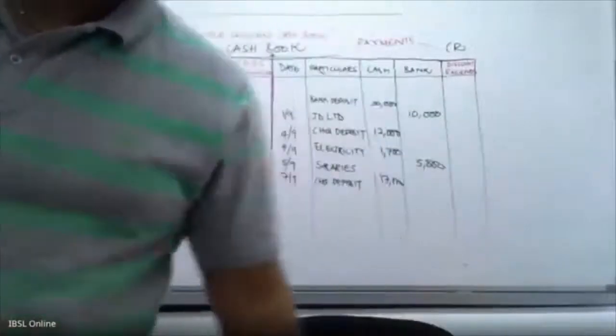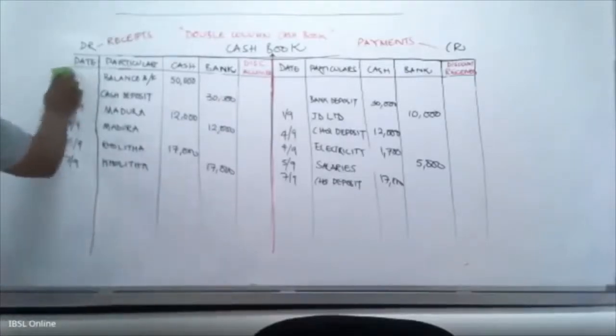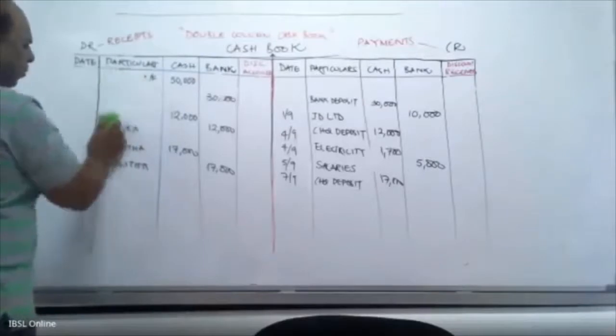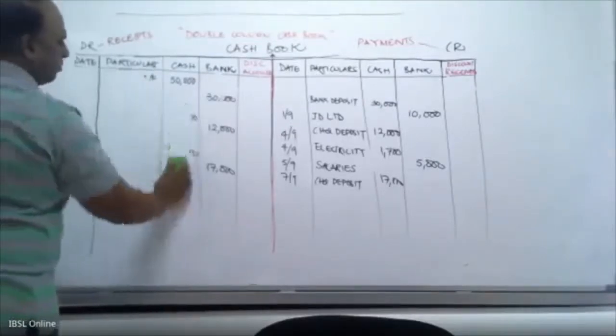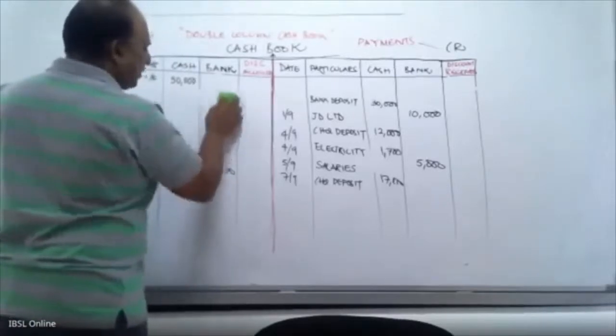So we have been working on this cash book, as you know. This is not relating to the earlier example, but I'm going to use the same board and structure to show you what is going to happen under the cash book.